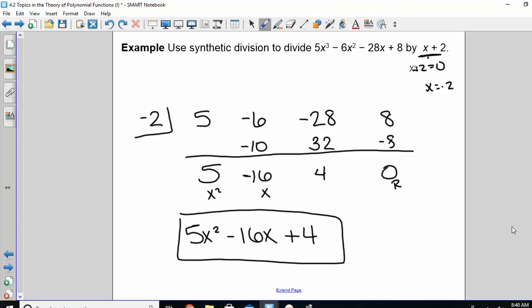What I will be asking is to decide if things are factors or not. And basically, if it's a factor, that means it divides evenly.